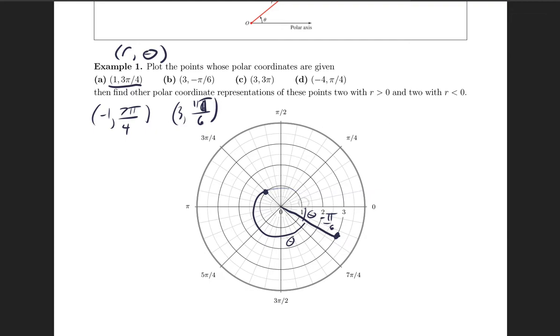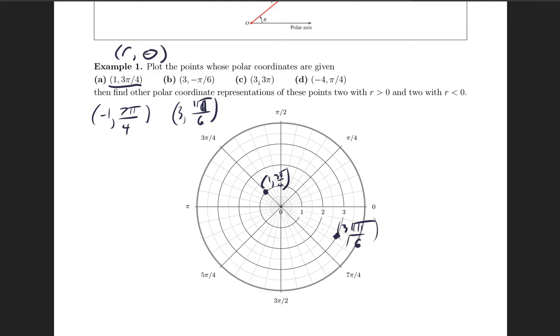Alright, so let's clean this up a little bit. Let's go ahead and leave the points, but I'm going to clean it up. Let me label the points too. So here we'll have 1, 3 pi over 4. Here we're going to have 3, 11 pi over 6. Alright, let's do this.